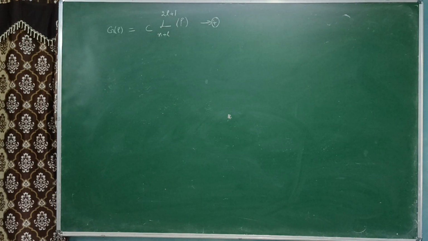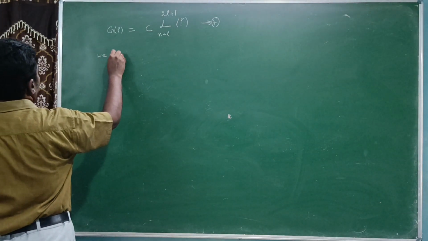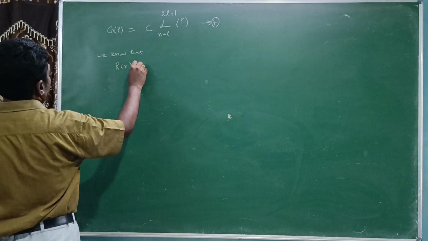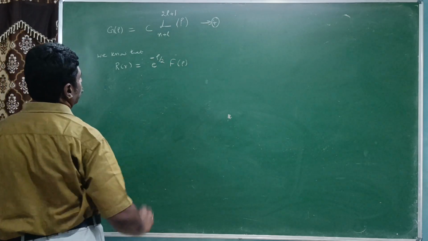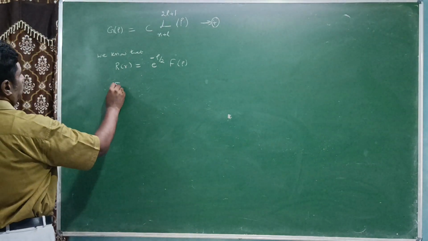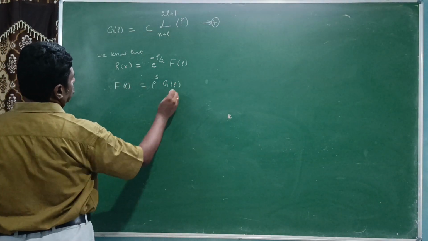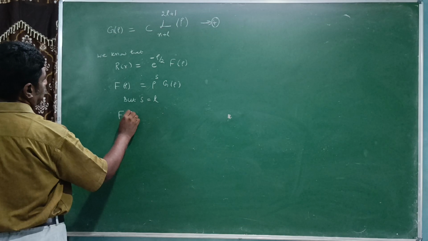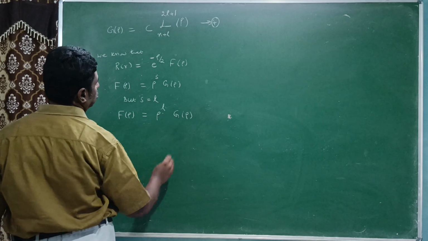You know the value of R of r. We know that R of r equal to e power minus rho by 2 into f of rho. Already I have presented this value. But f of rho equal to rho power s into g of rho. But we have proved that s equal to l. Therefore, f of rho equal to rho power l into g of rho.